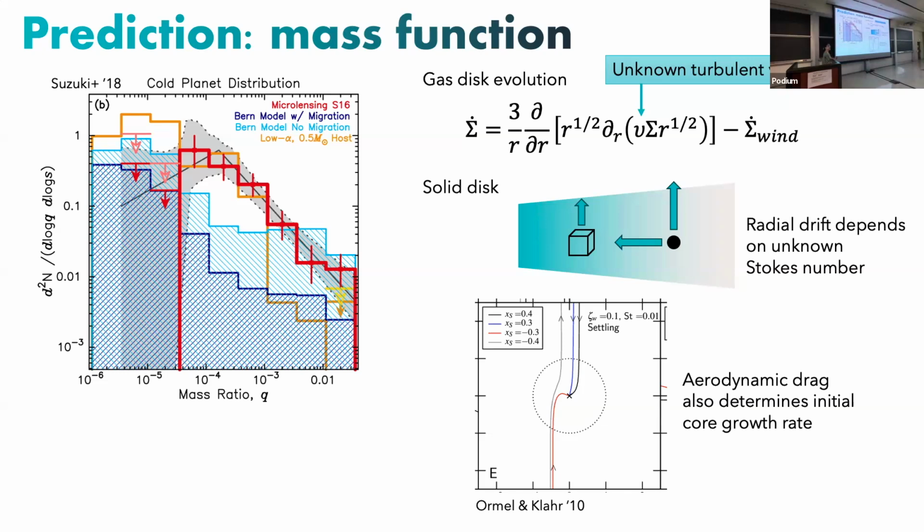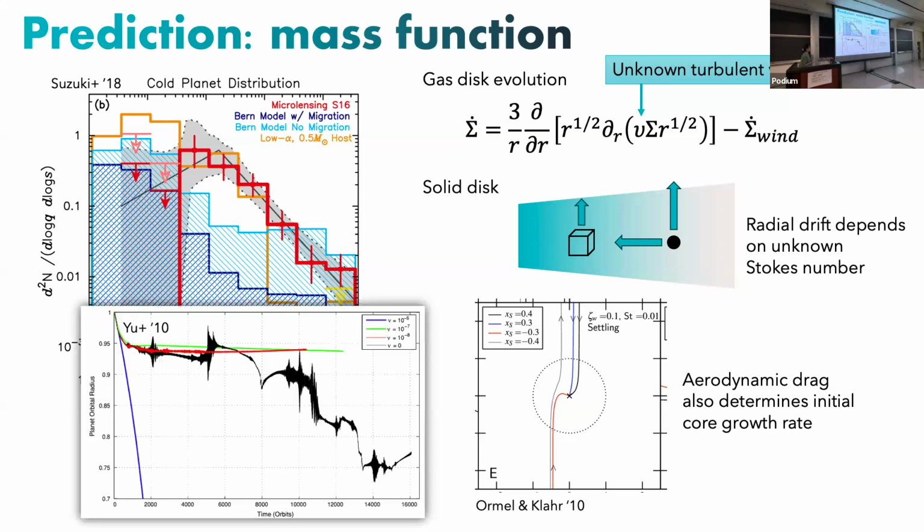Now, both the rate and the direction of the migration are also going to be determined by unknown disk parameters like the viscosity. If you're at low viscosity, low enough such that there's not enough time for the perturbed gas to diffuse away, then you're going to keep on adding to that perturbation as the planet moves. So that's going to reduce or prematurely halt the migration.